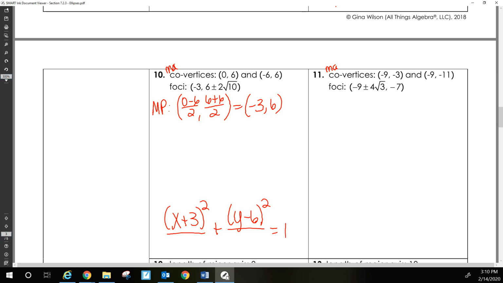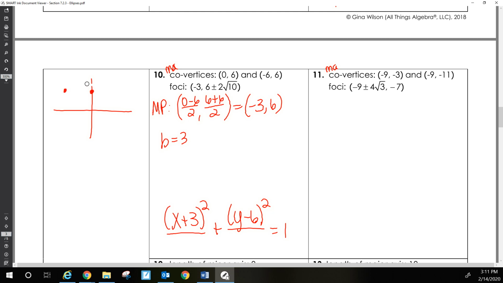Now our b value is going to be the distance either from 0 to negative 3 or negative 6 to negative 3, so b is 3. But I don't know which one these go under until we think about, are we having a vertical minor axis or a horizontal? So if I plot 0, 6, that's going to be, say, here. Negative 6, 6 is, say, here.